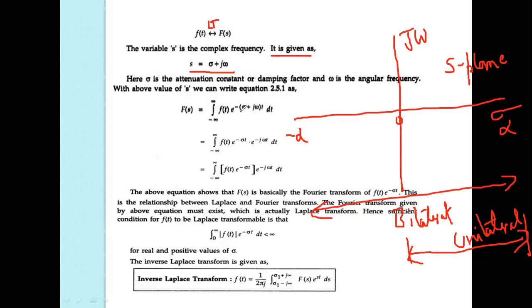Expand this: e power minus has 2 terms, e power minus sigma t and e power minus j omega t. Got it, my students? F of s is the integral from minus infinity to infinity of f of t e power minus sigma t, e power minus j omega t dt.